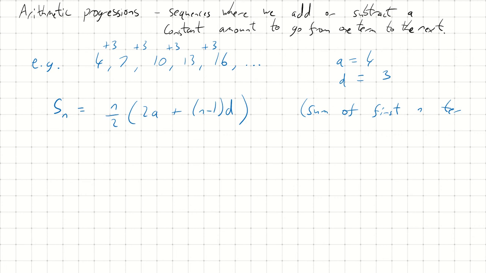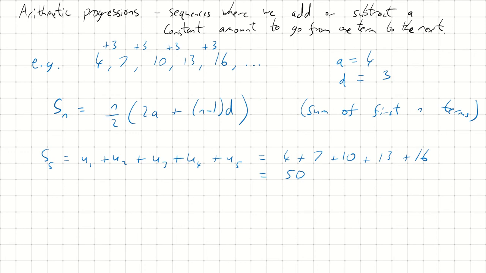Okay, so what does that mean? Well, S5, for example, is the sum of the first 5 terms. So that's the first term plus the second term plus the third term plus the fourth term plus the fifth term. In this example, it's 4 plus 7 plus 10 plus 13 plus 16, which is 11 plus 21 and 34, it's 50.